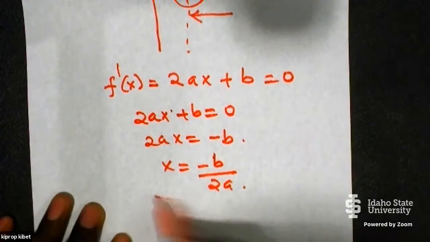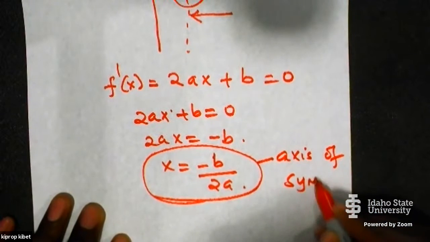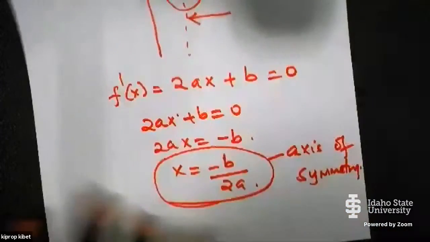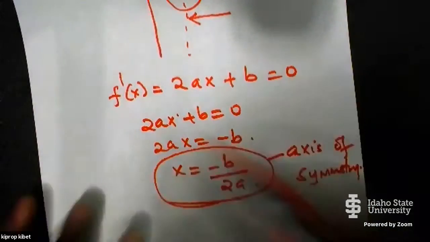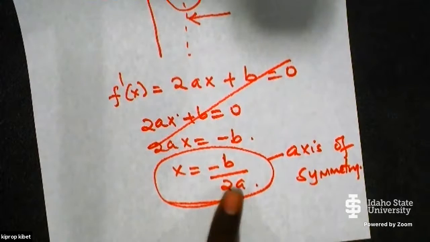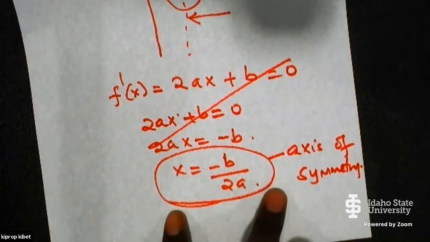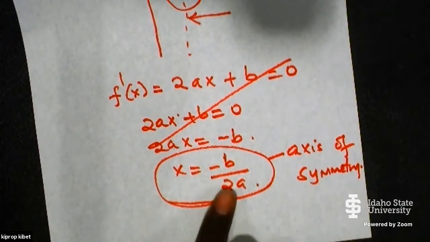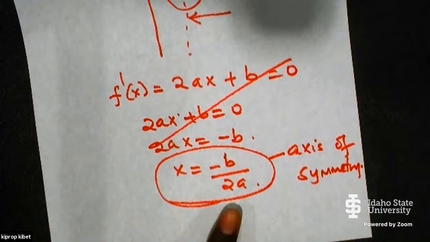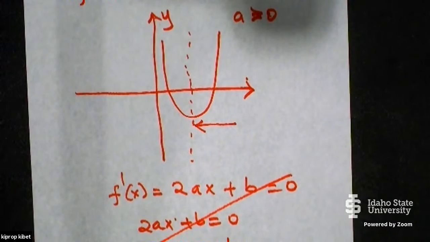So this is what we call the axis of symmetry. Let's just use this formula as the axis of symmetry. If you're asked to get the axis of symmetry, then this is the formula: x equals minus b all over 2a. You know the values of a, b and c, so you substitute there.